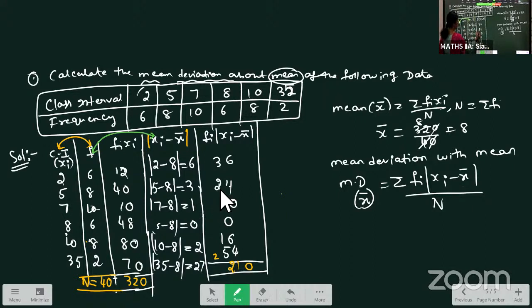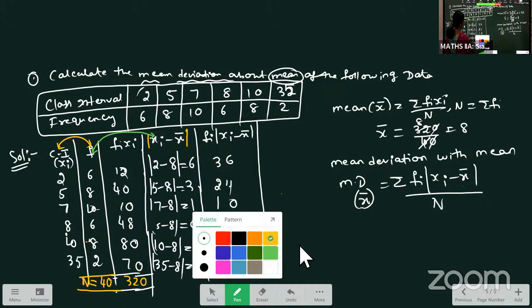Carefully we have to do the calculation. If you add 36, 24, 10, 16 and 54, altogether the result will be 140. Here the total of the column will be 140.